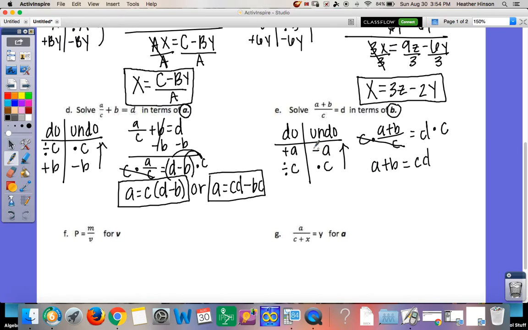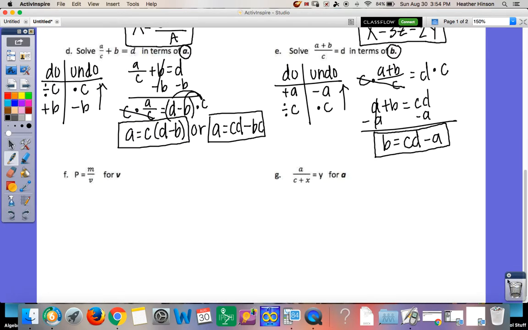And then instead of plus A, we're going to subtract that A to get it out of the way. So minus A. So these are all different letters, so we can't combine them. So we just have to bring it down. CD minus A. And that is it. As long as the letter you're solving for is by itself, you're good to go.